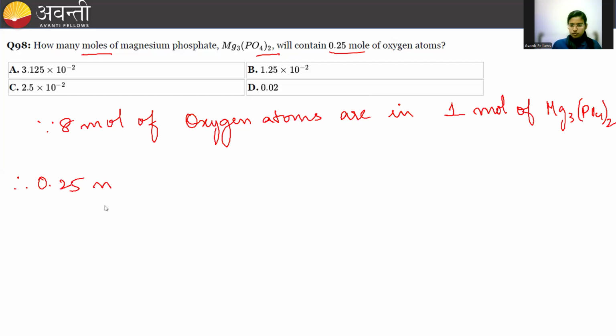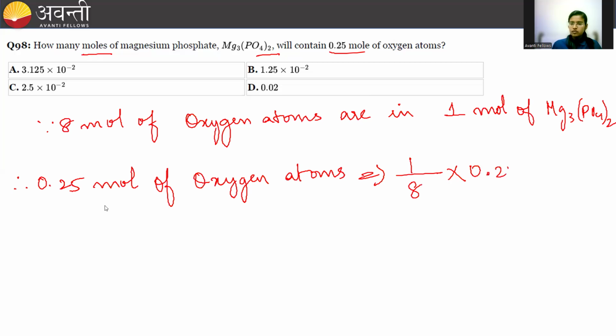0.25 mole of oxygen atoms will have 1 by 8 into 0.25 mole of magnesium phosphate. Right? Just the cross multiplication.